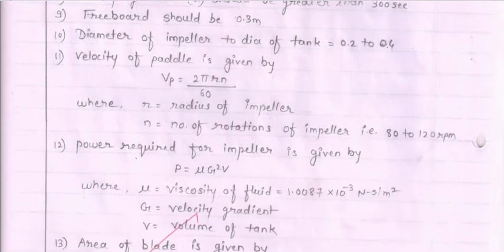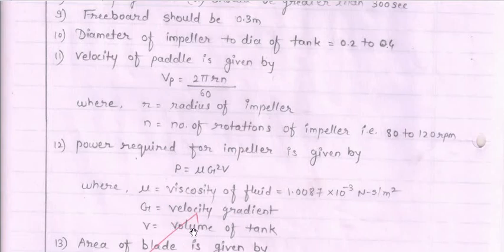Now the next criterion is the power required for the impeller, given by P is equal to mu G square into V. Here G is the velocity gradient, whose value should be more than 300 per second.